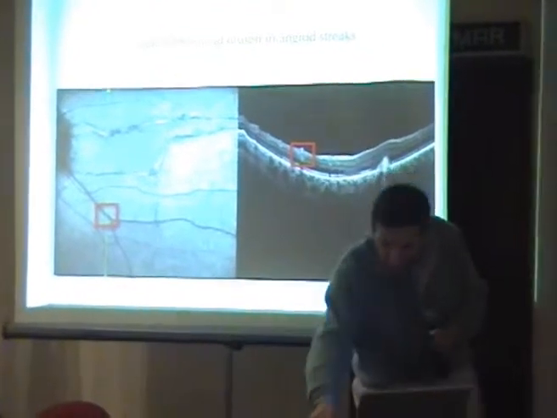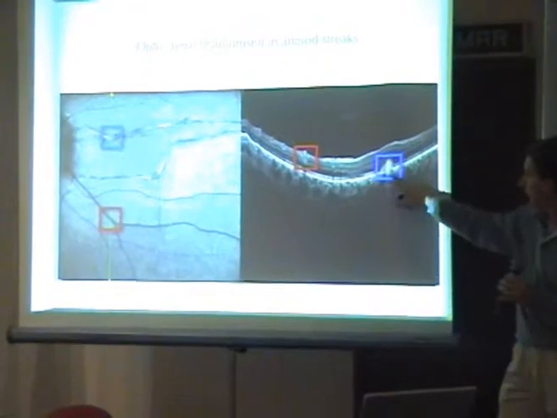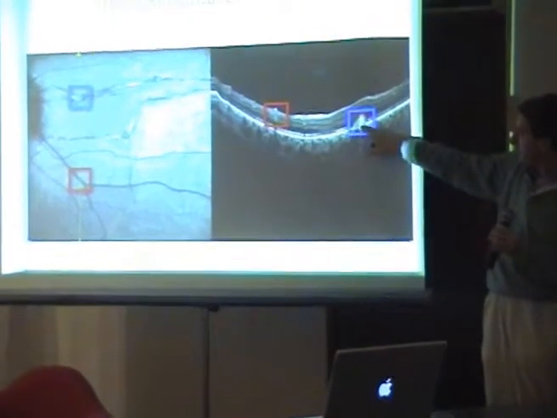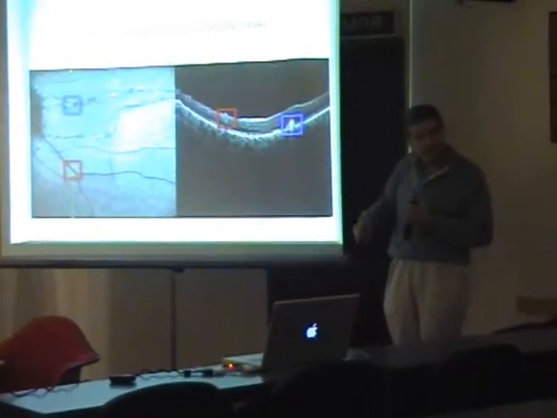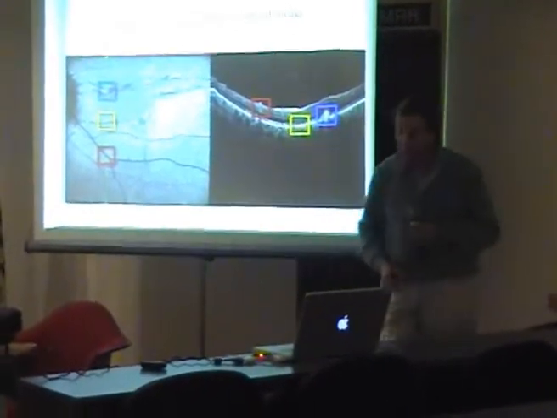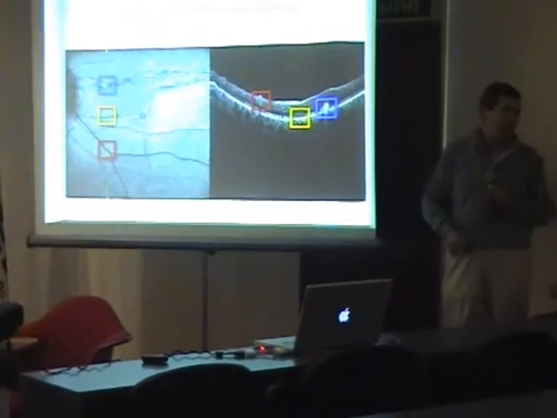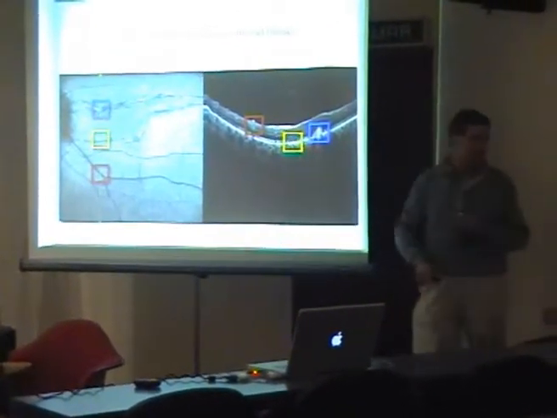This is Bruch's membrane, and you see a rupture in Bruch's membrane, the angioid streak, a rupture in Bruch's membrane. And here it's an angioid streak, but Bruch's membrane is completely normal. And what changed in the photoreceptors?